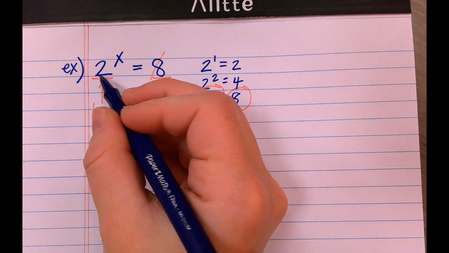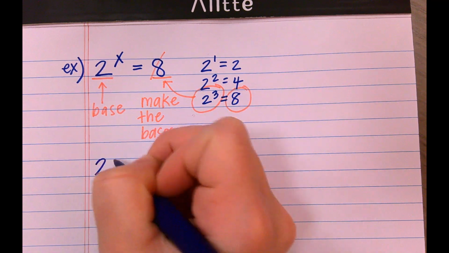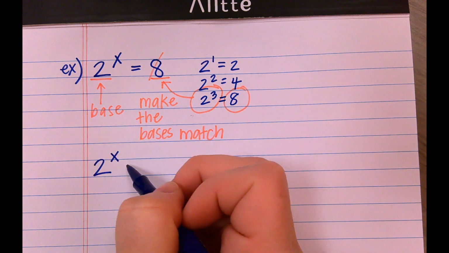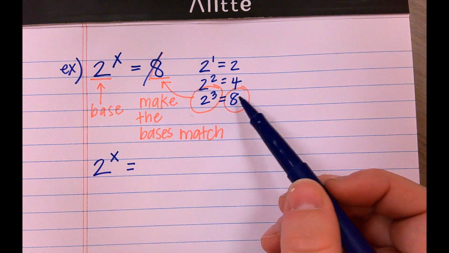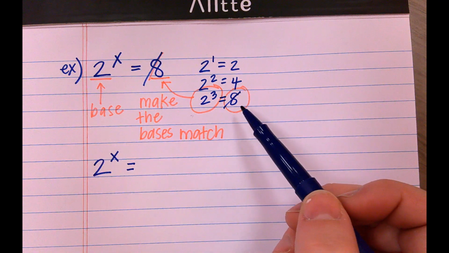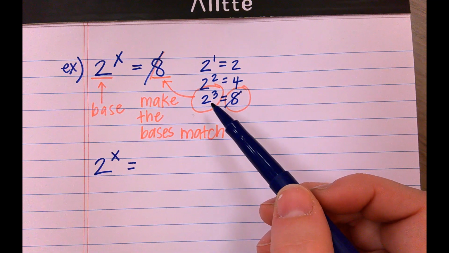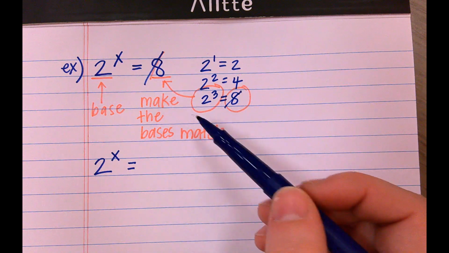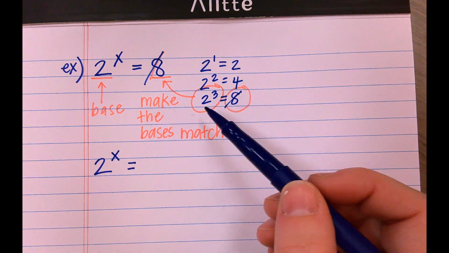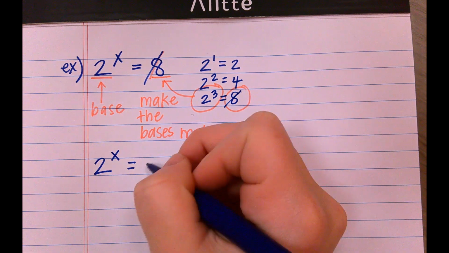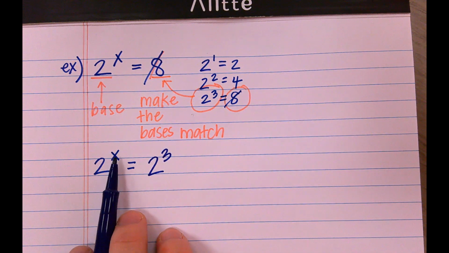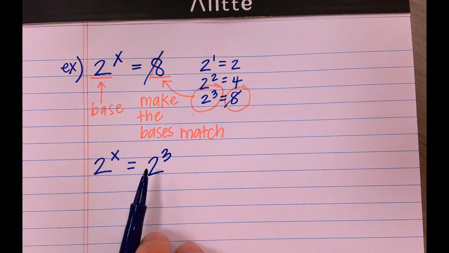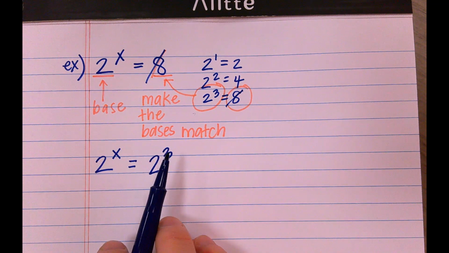I'm going to write 2 to the x power equals, instead of writing 8, what am I going to write? We're going to change 8 to 2 to the third power because that's the same thing. So I have 2 to the power of x is equal to 2 to the power of 3.